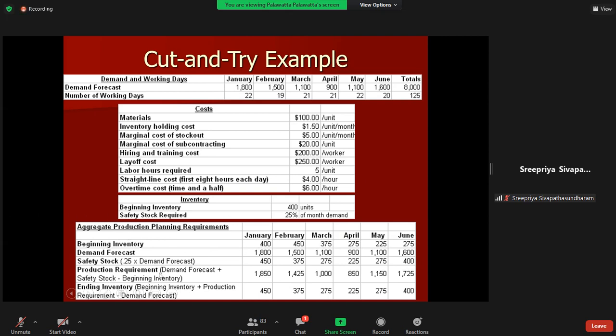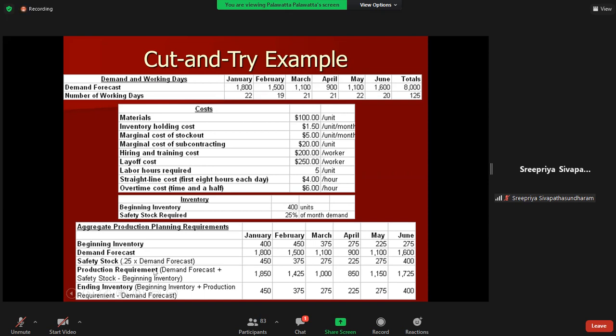So production requirement: demand forecast you have to produce, and then safety stock you have to produce, and then subtract the beginning inventory.